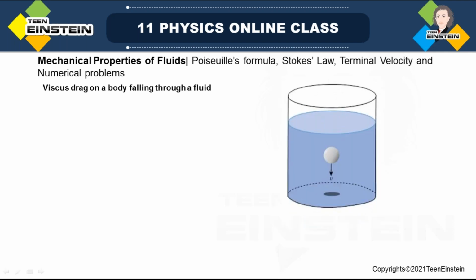Look here, if we take a ball or any object having a certain density rho, and we have taken a certain liquid having viscosity eta and density sigma, now you are just dropping the ball such that it falls through the liquid with a certain velocity.